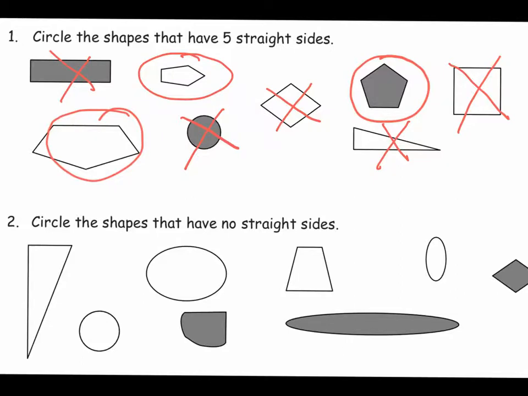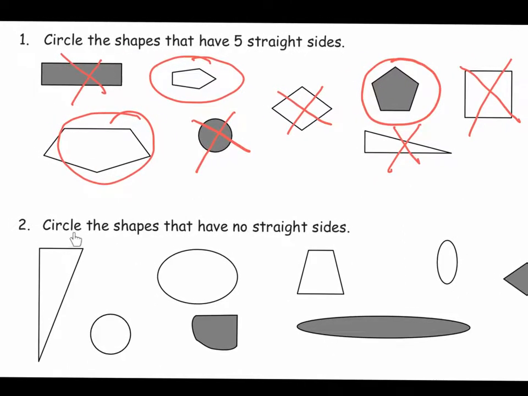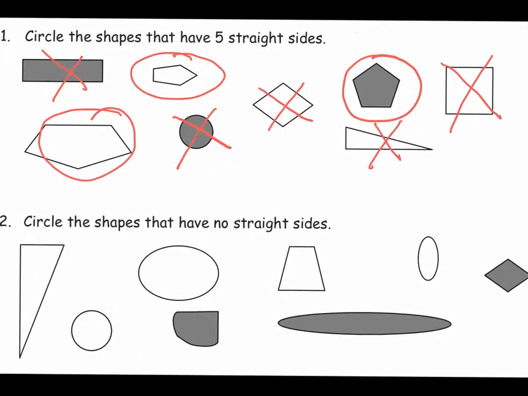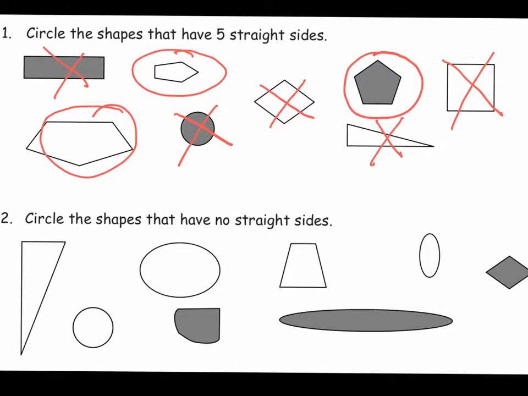Now for the next question, we want to circle the shapes that have no straight sides. So we can move this over here. We immediately cross out that triangle, this trapezoid, and this rhombus.